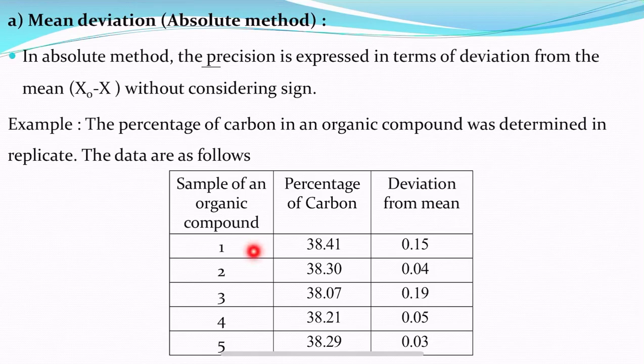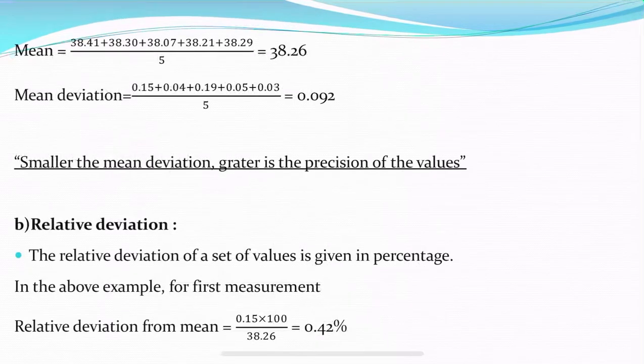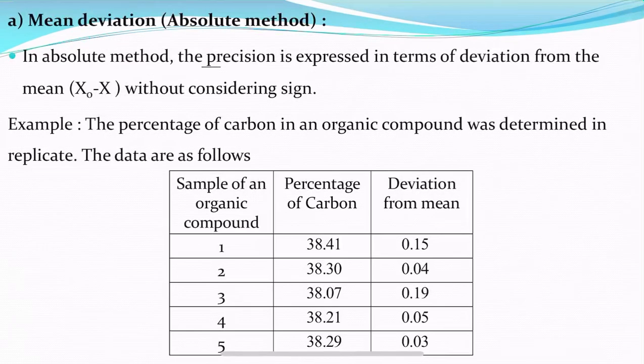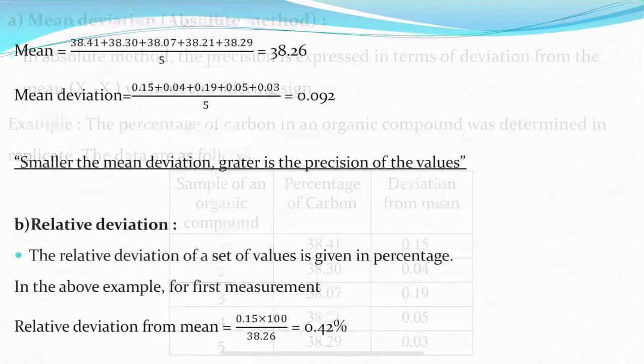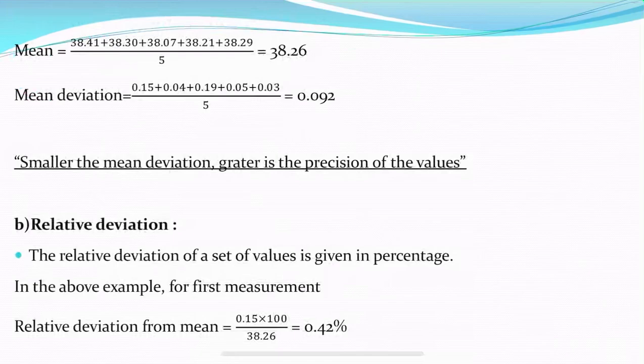Here 5 different samples of an organic compound have been taken and analyzed to find the percentage of carbon, and this is the deviation from the mean. How are we going to calculate the mean? We sum up all the values of the percentage of carbon and divide by 5, and that gives 38.26. And this is the mean deviation.